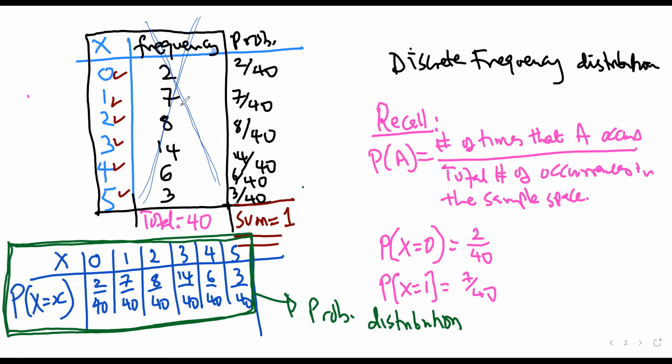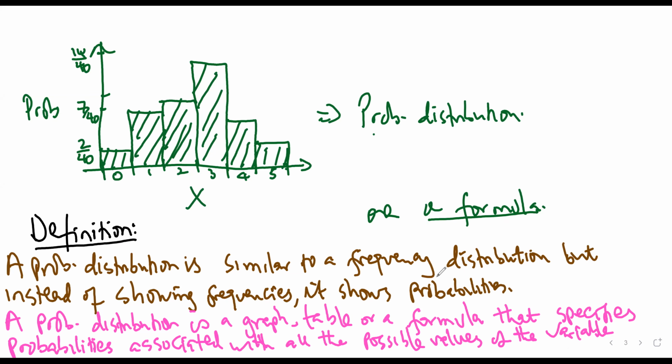But now we're saying that instead of showing frequencies, it shows probabilities. But more formally, we can say that a probability distribution is a graph or a table or a formula that specifies the probabilities associated with all possible values of the variable of interest.